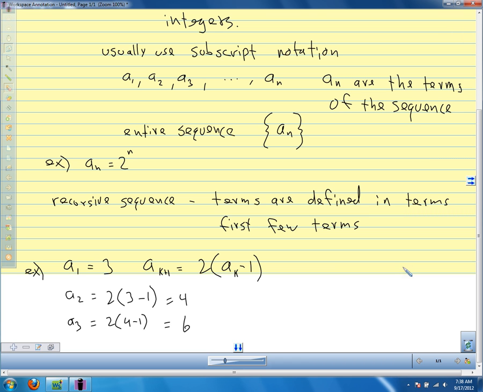So take a look at those. So we're matching the graph to the sequence. They give you a definition of the sequence, and they want you to match it with its graph. So let's take a minute to look at that, and then we'll go over these.